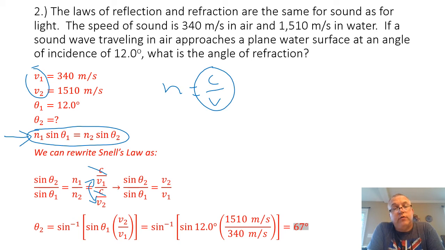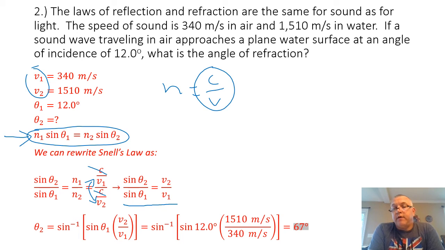And v2 is in the denominator of my denominator, which would move that up to the numerator. I know that sounds confusing, but that's just real basic algebra stuff. And when I do all that out, that's going to give me a final form of Snell's law of sine theta 2 divided by sine theta 1 equals v2 divided by v1.